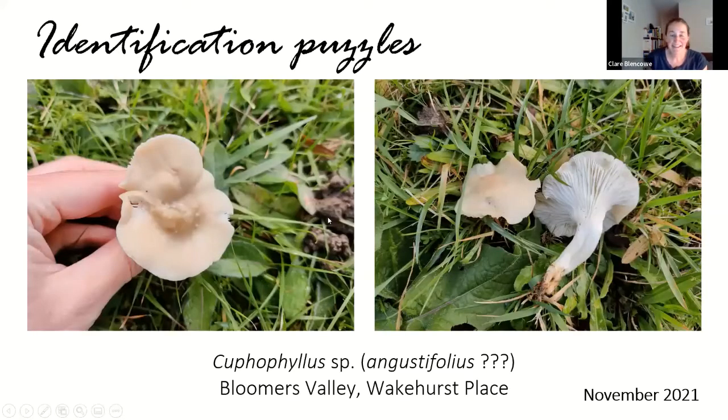What next for me? Well, a few years of getting involved with grassland fungi has brought up lots of identification puzzles. Here's one from the other year, and I've worked with Sussex Fungus Group and their DNA barcoding project to try and investigate this find, because it didn't quite look like meadow waxcap and it didn't quite look like pale waxcap.